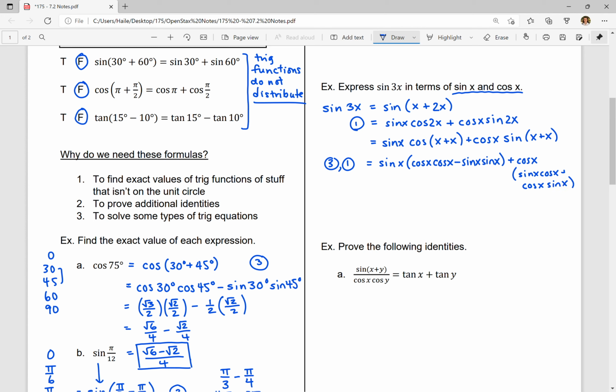I kind of ran out of room there, but this is just multiplied with that cosine of x right here. Okay, let me rewrite that now.